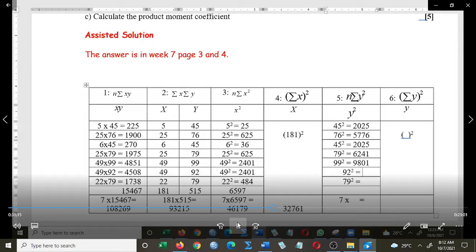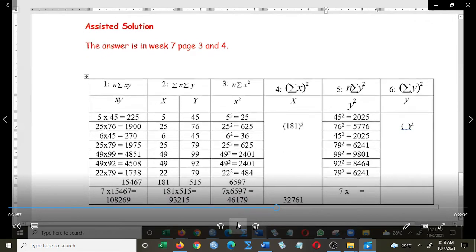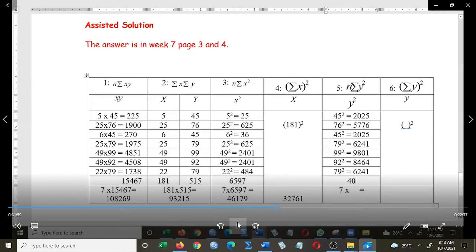What was 92 squared? 8464. And what was 22 squared? And what was the sum of the squares of y? 4057.